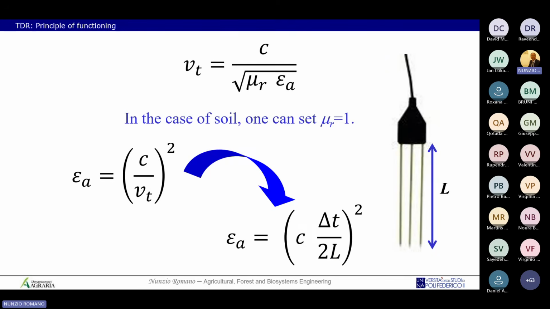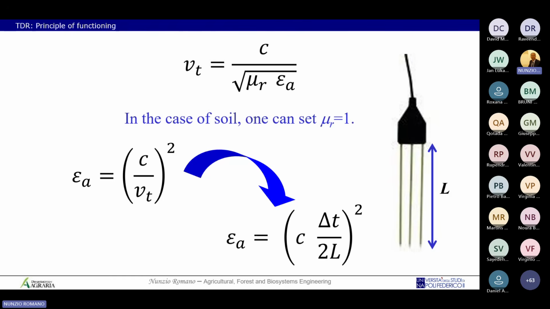People sometimes ask me, but why 2L? My students always ask me, why 2L? 2L because we are considering the wave that starts from the top of the probe that you see on your right, and then the wave reaches the bottom, and then, as I showed you before, this wave returns and moves in the opposite direction.